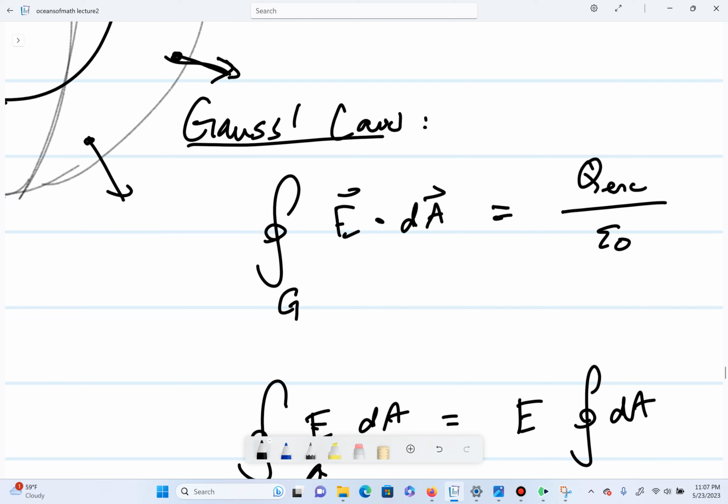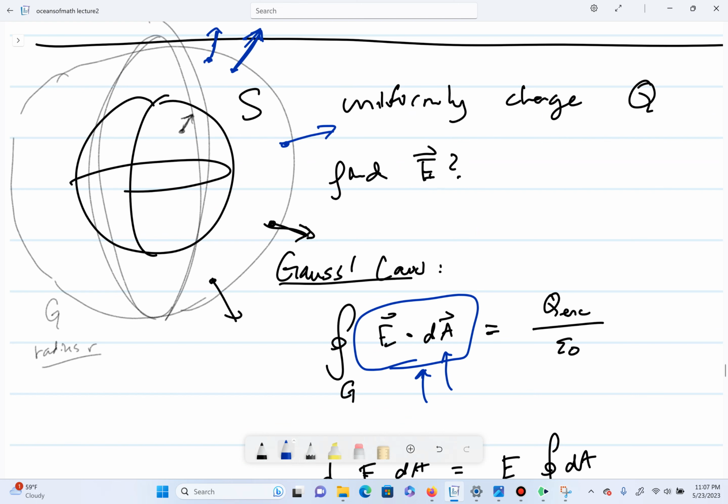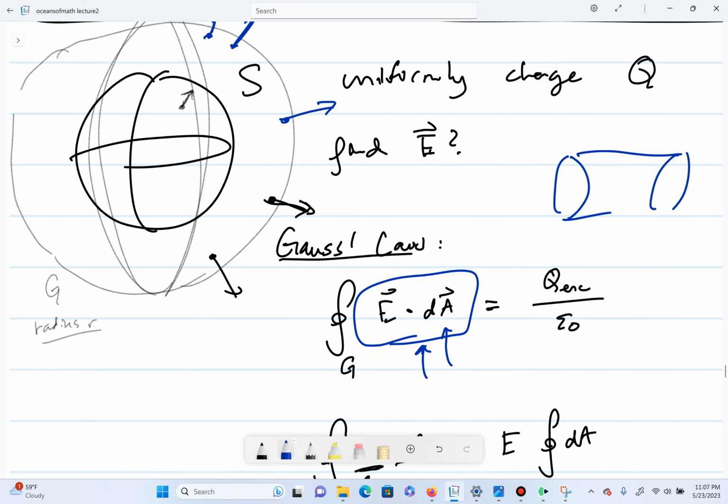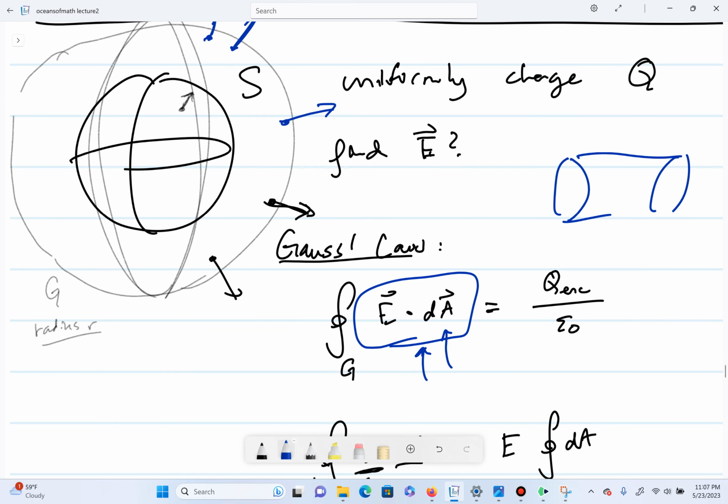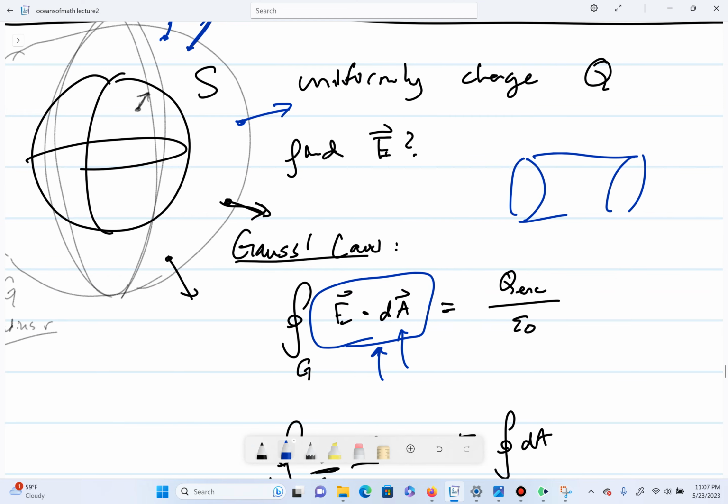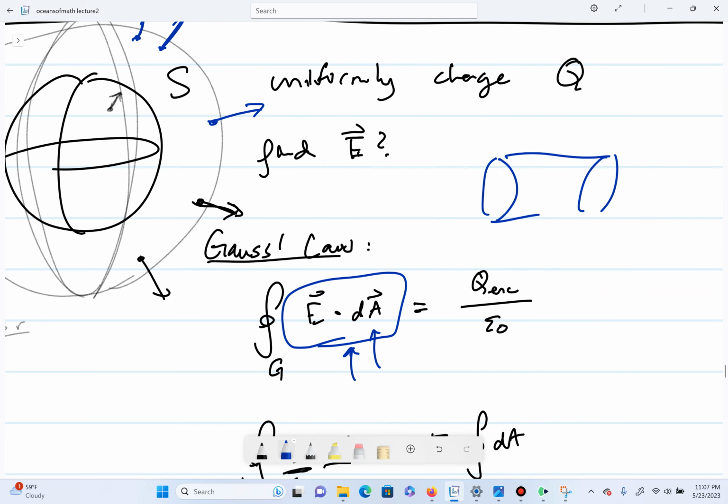Gauss's law destroys problems where E dot dA has some sort of inherent symmetry. That means dA is of course in the direction of the normal vector to the surface that I create. And so if I know the electric field has some sort of inherent symmetry, let's say I know that it's cylindrically symmetric, maybe it's generated by a cylindrical charge distribution, or maybe it has some sort of horizontal or vertical symmetry.